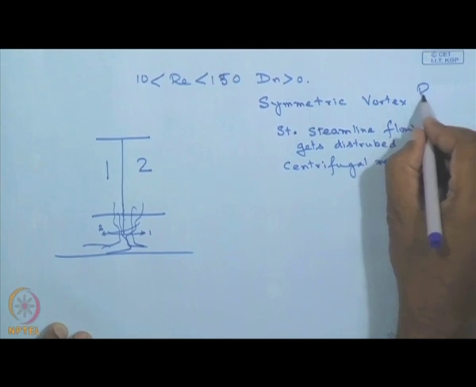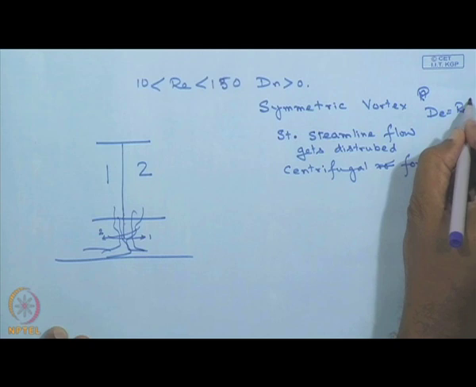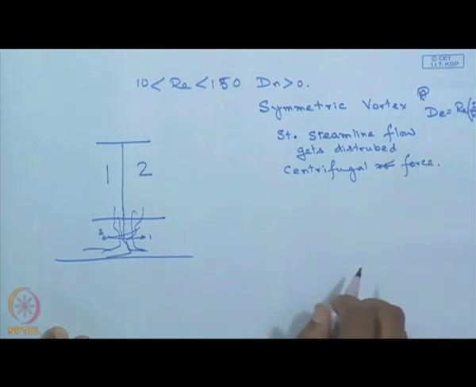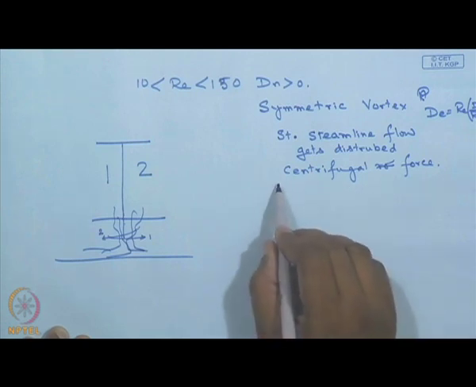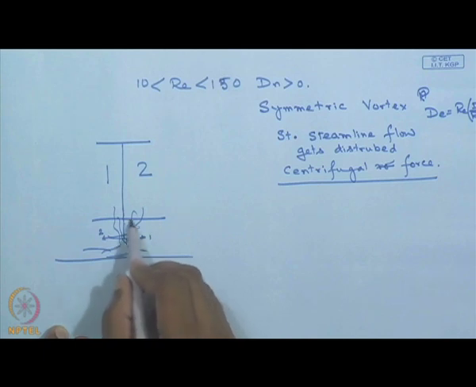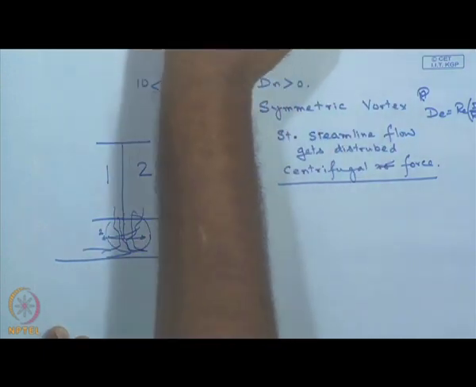As I said, Dean number is defined as Reynolds number times (D by Rc) to the power half. So for sharp bends, the centrifugal force will start to cause some sort of mixing at the mixing channel.